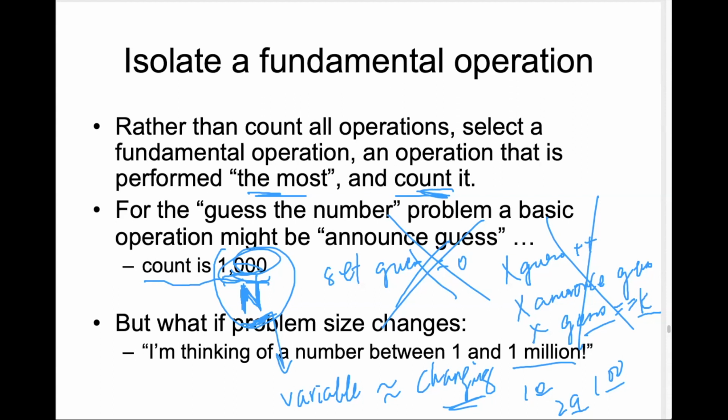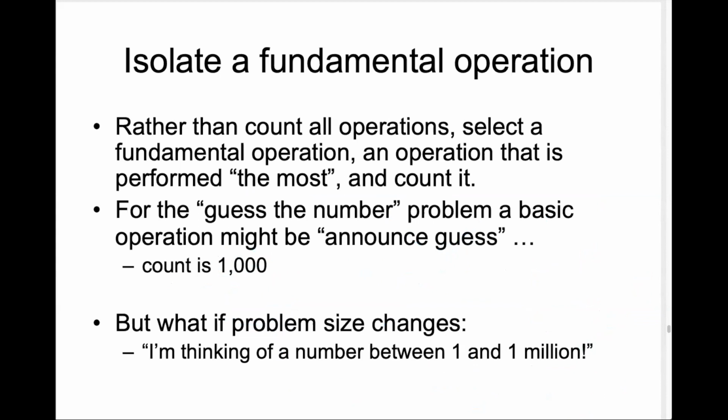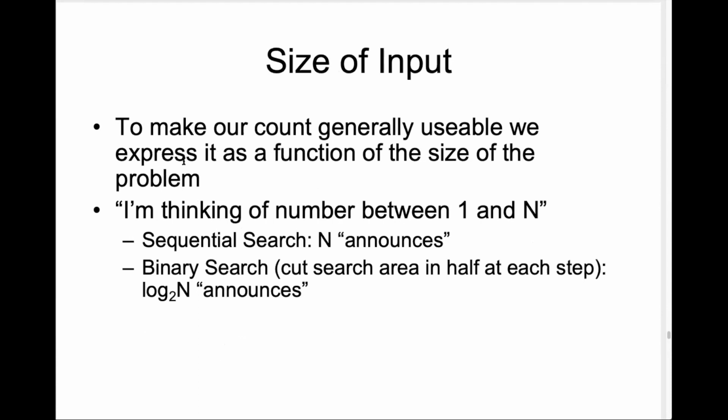So that goes into this topic called input size, which is the next step. To make our count generally usable, we express it as a function of the size of the problem. So the size of the problem is 1,000. For sequential search, there's going to be n number of iterations, and that's what we call O of n.